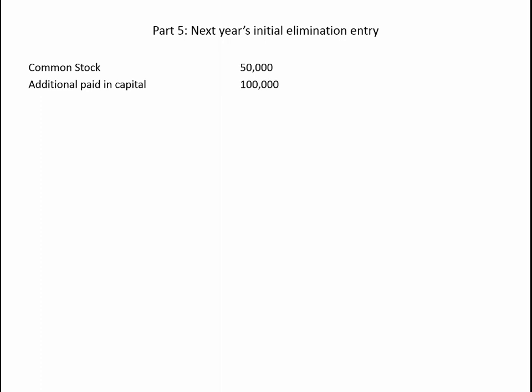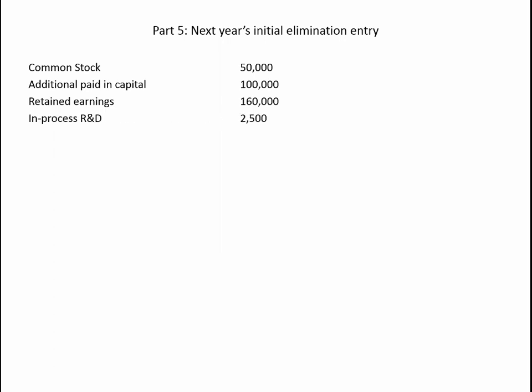Common stock and additional paid-in capital are still $50,000 and $100,000 respectively. Little's retained earnings at the end of the first year was up to $160,000. Their beginning retained earnings was $150,000 plus $40,000 of income minus $30,000 of dividends. So their end of year one, beginning of year two retained earnings is $160,000.